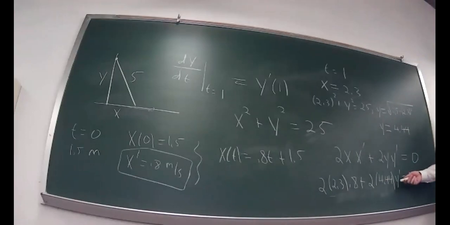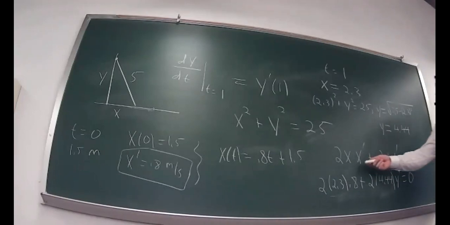And it'll automatically give you y prime at t equals 1, because all the things that we've plugged in are at t equals 1. You could do this with a calculator, but I'll do it on Desmos and show it to you.